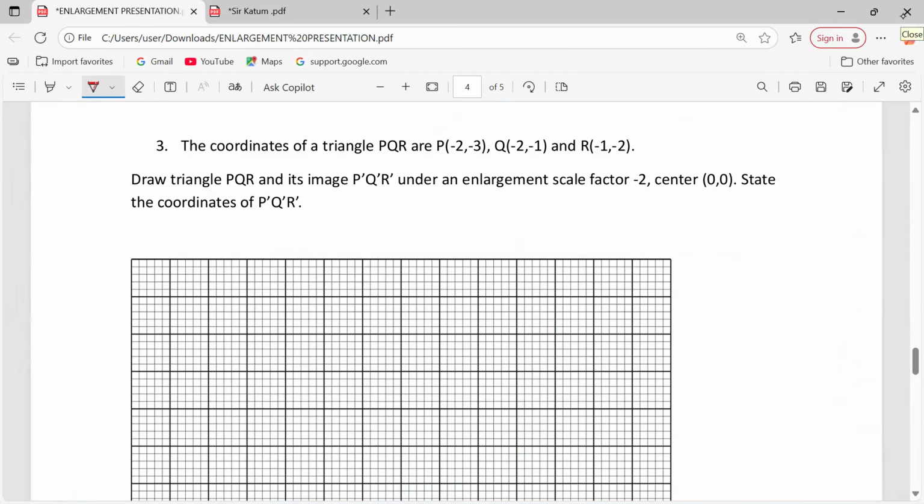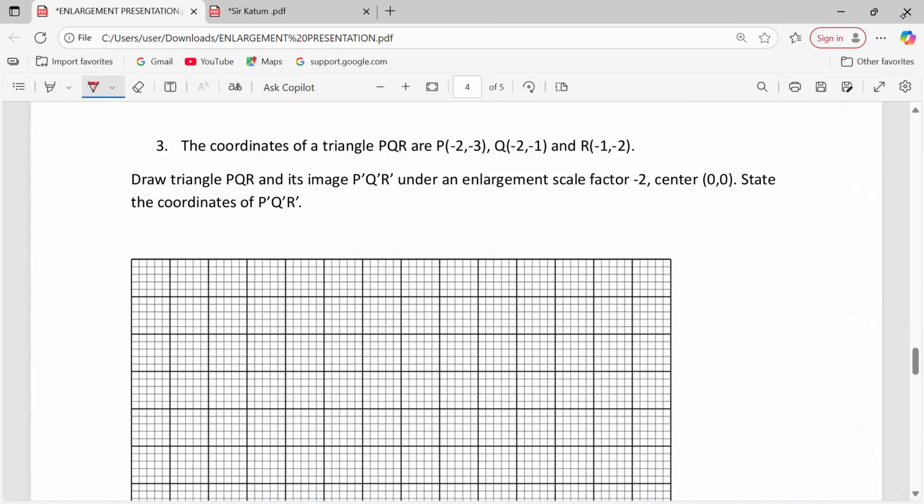Number 3, ladies and gentlemen: the coordinates of a triangle PQR are P(-2, -3), Q(-2, -1), and R(-1, -2).